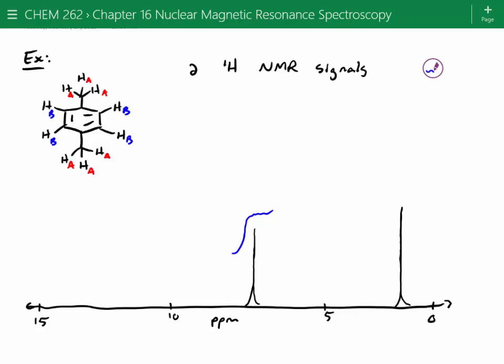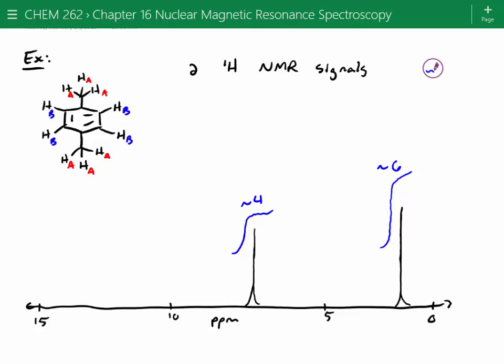And then the other one over here will give you the area of that peak. In this case, we can actually tell the computer, all right, I want the one on the left to be equal to approximately 4. And then the computer will tell us, well, if you're setting that area to 4, the relative area of the one on the right will be approximately 6.